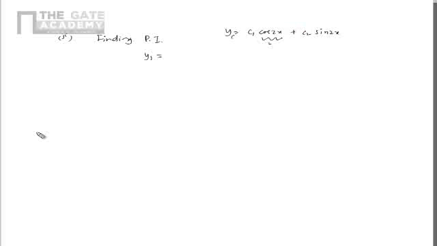So this is your y1 and this is your y2. As we said while introducing this method, y1 and y2 are the solutions of y double dash plus p y dash plus q y is equal to 0. So y1 is cos 2x and y2 is sin 2x, and capital X is tan 2x, the right-hand side part.